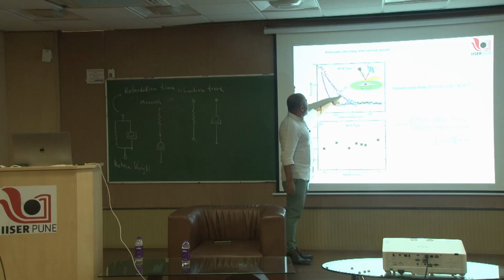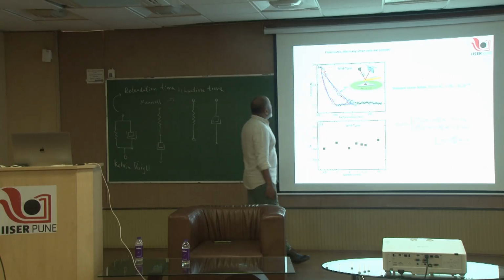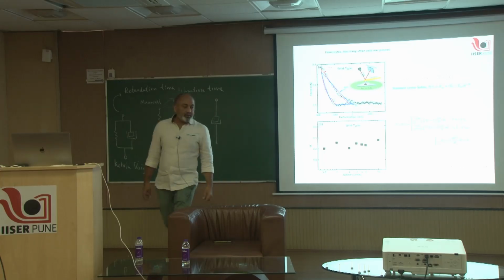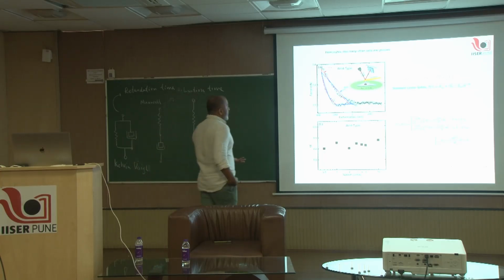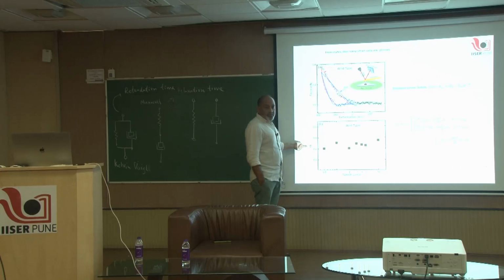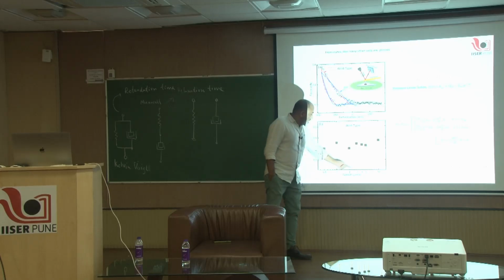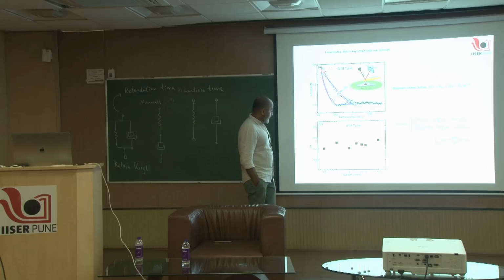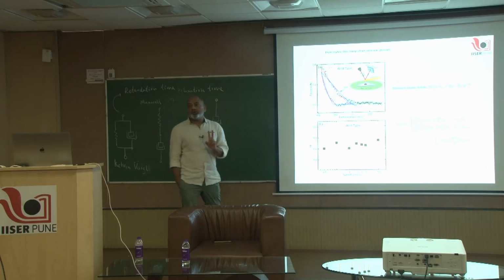You see the blue part is the standard linear solid, the red part is power law rheology. Clearly the power law rheology fits better, and most important, the exponent that you obtain does not change over, at this point, 1 to 10, that's at least 2 orders of magnitude.